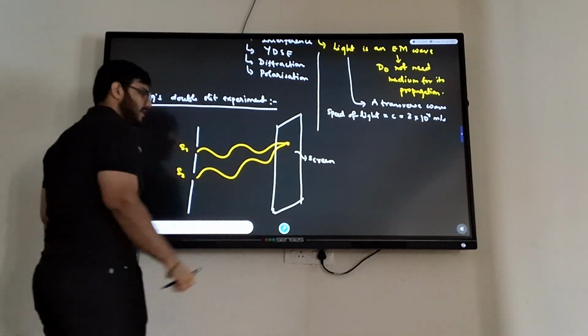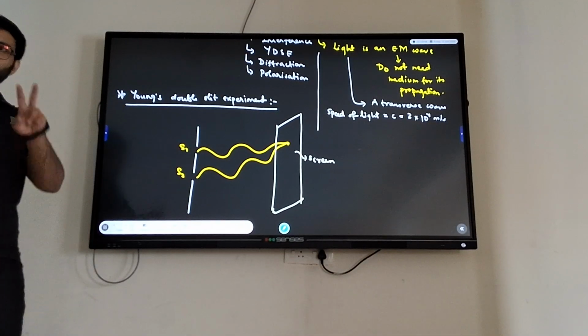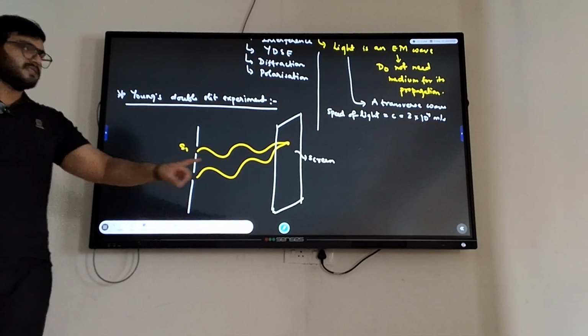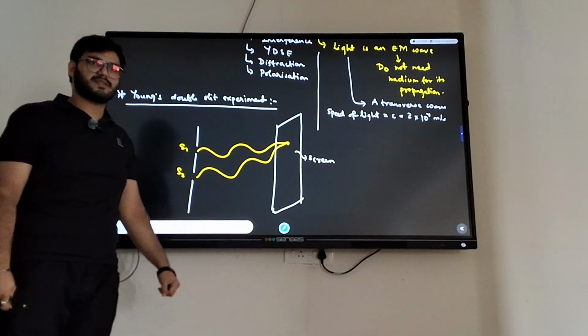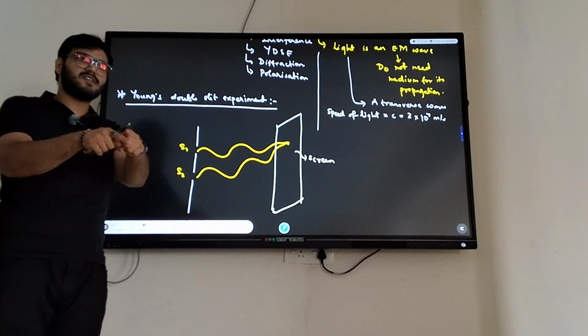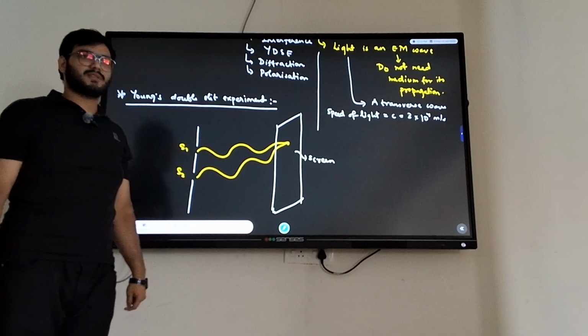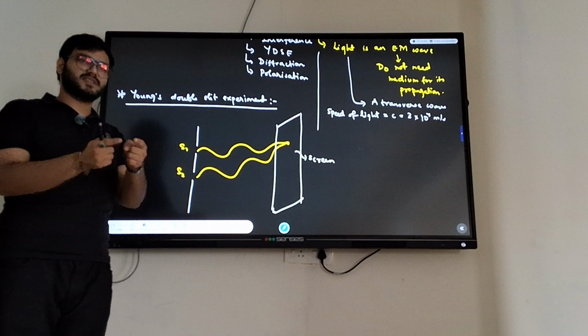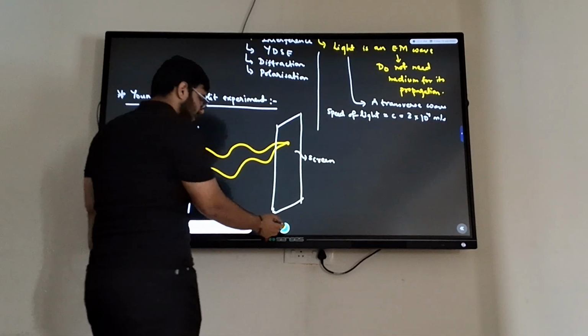They meet at this point. Then what is the resultant? Either of the two things will happen. Either there will be a destructive interference or there will be a constructive interference. Yes or no? When two waves meet, either your amplitudes add or they cancel. They don't necessarily cancel, or they subtract. Yes or no? Either of the two things will happen.